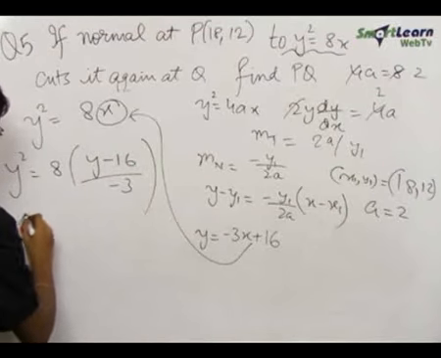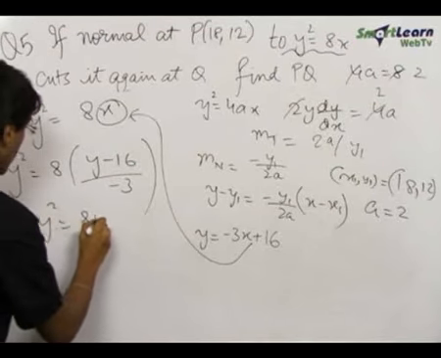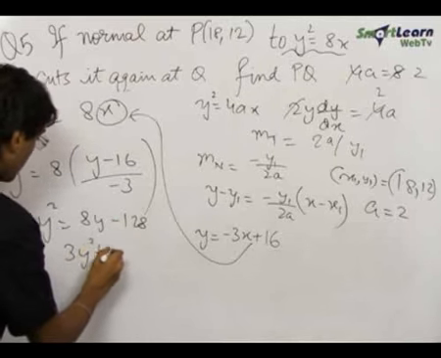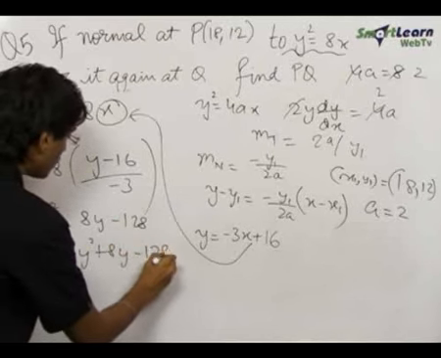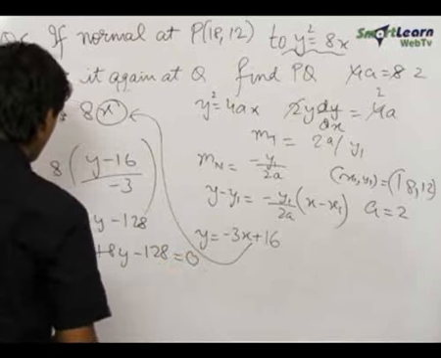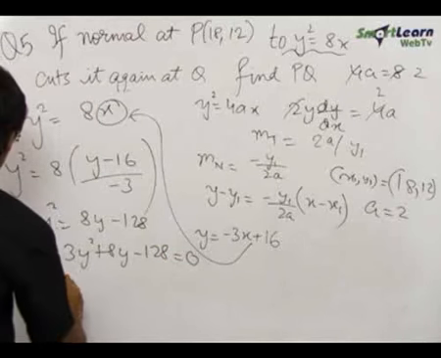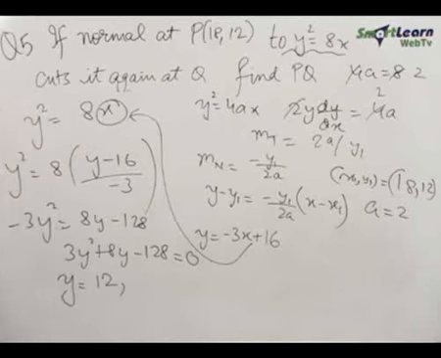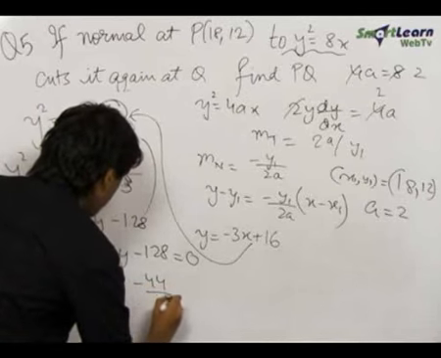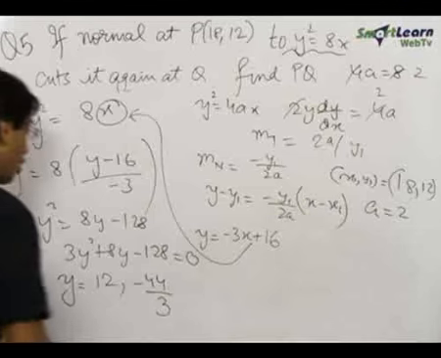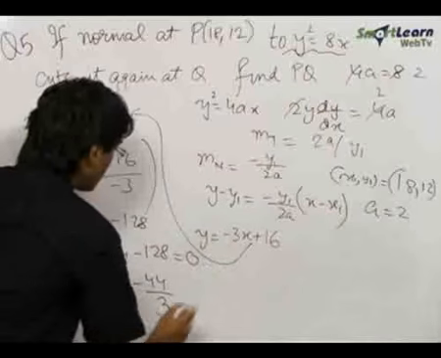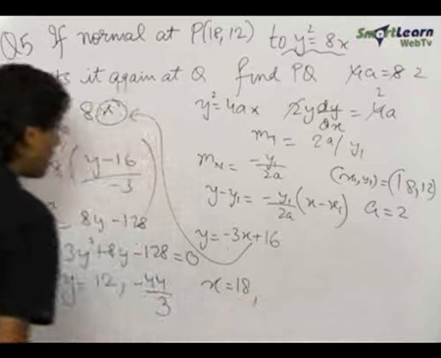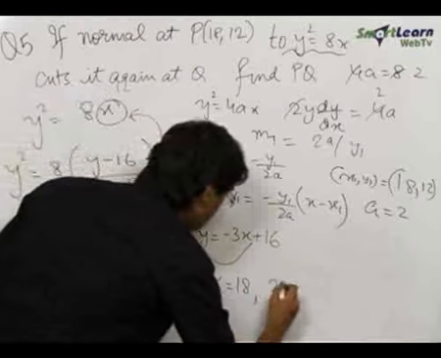So this becomes minus 3y square is equal to 8y minus 128, or 3y square plus 8y minus 128 is equal to 0. Hence we have found out the value of y as 12 and minus 44 by 3. On solving for x by putting the value of y in this equation, we get x as 18 and 242 by 9.